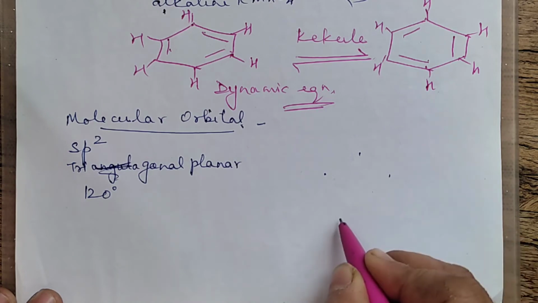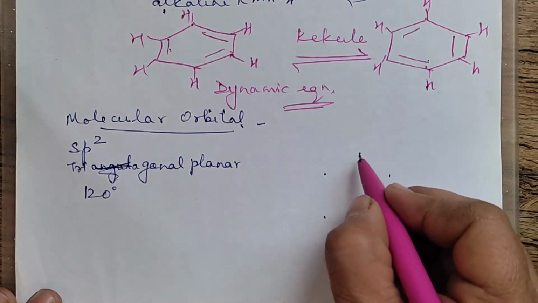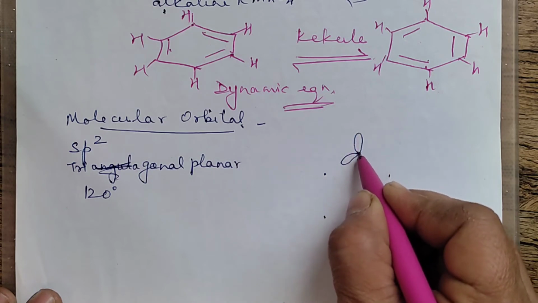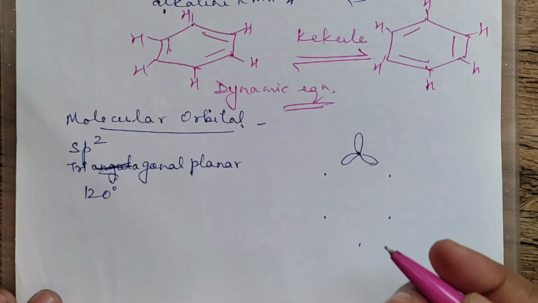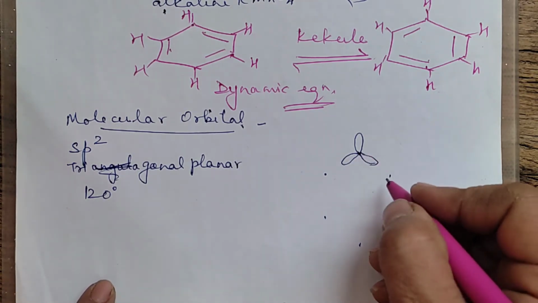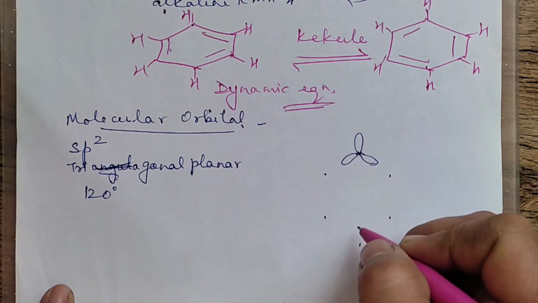Let's draw the structure of this. First, I'm just drawing 6 dots to represent the carbon atoms, and on them the hybrid orbitals. One sp2 hybrid orbital, second sp2, the third sp2. That small lobe of the hybrid orbital, no need to draw. We can ignore it because this will give you a better understanding. This is one carbon atom with 3 sp2 hybrid orbitals.